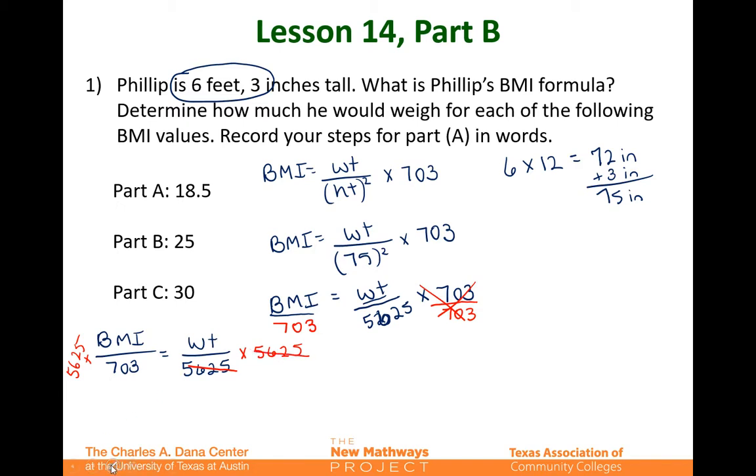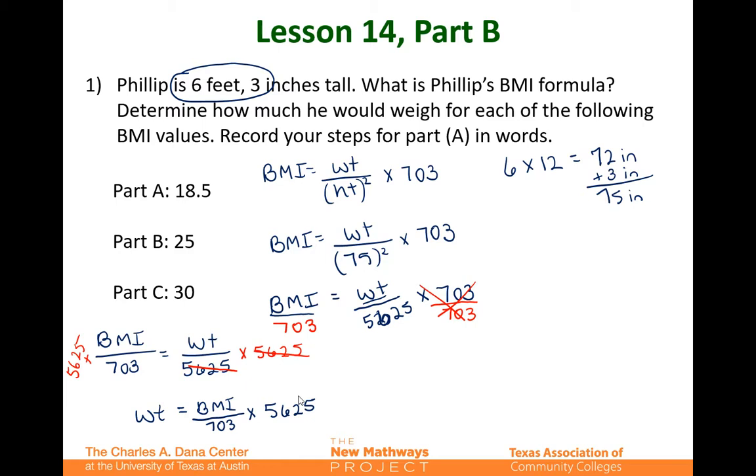And so now I have a formula that looks like this. Your weight is equal to your BMI over 703 times 5625. Now that's only a formula for Philip or anybody else who's 6 feet 3 inches tall.